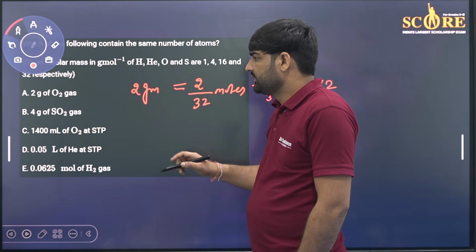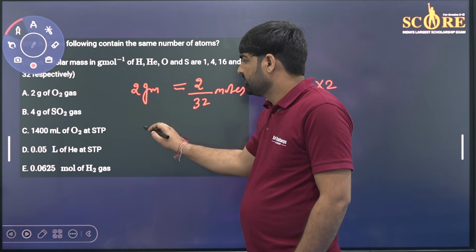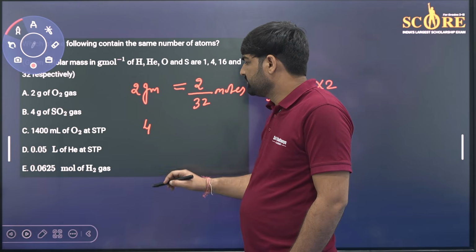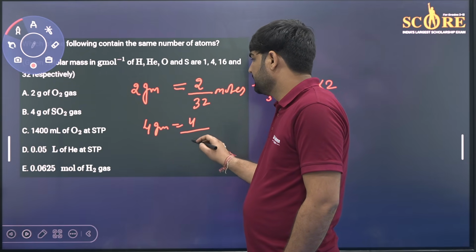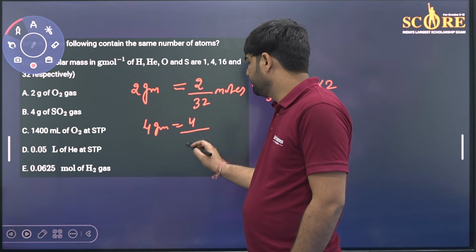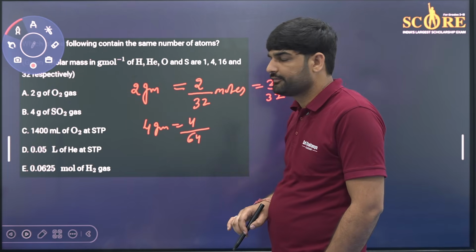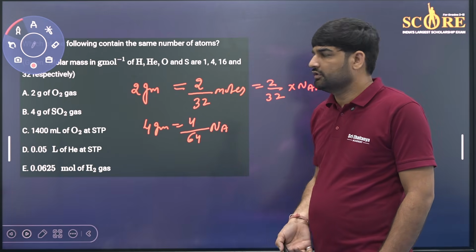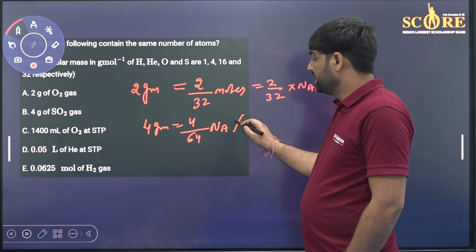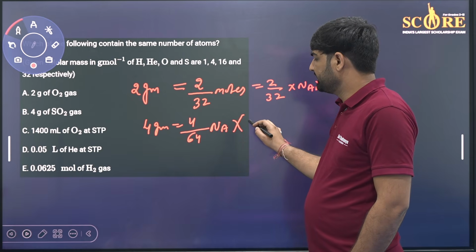Now for second option, 4 gram SO2, then we can say 4 divided by molar mass of SO2, which is 64. This is moles, and if we multiply by Na, this is molecules, and one SO2 molecule contains 3 atoms.